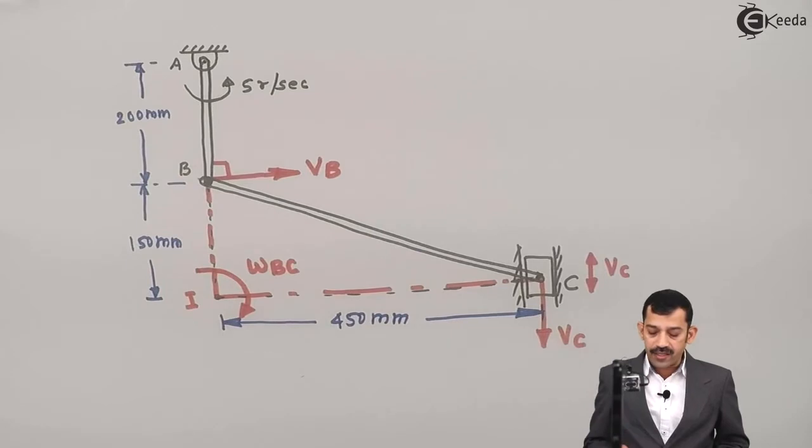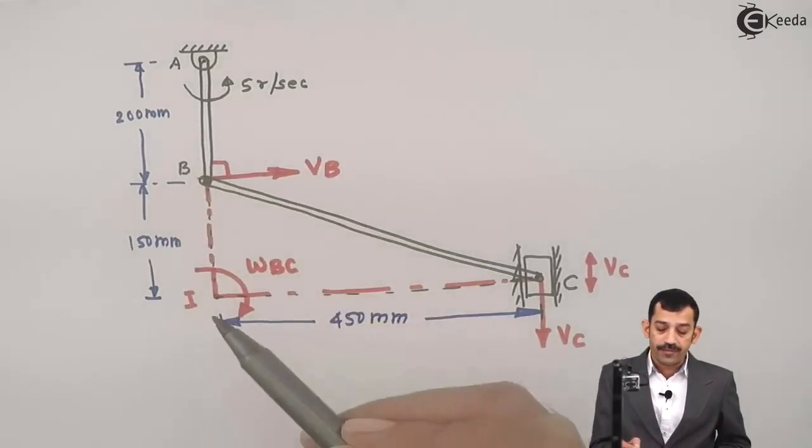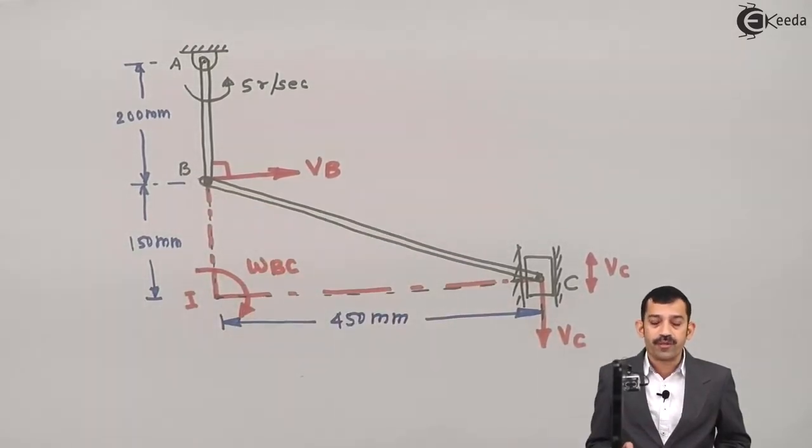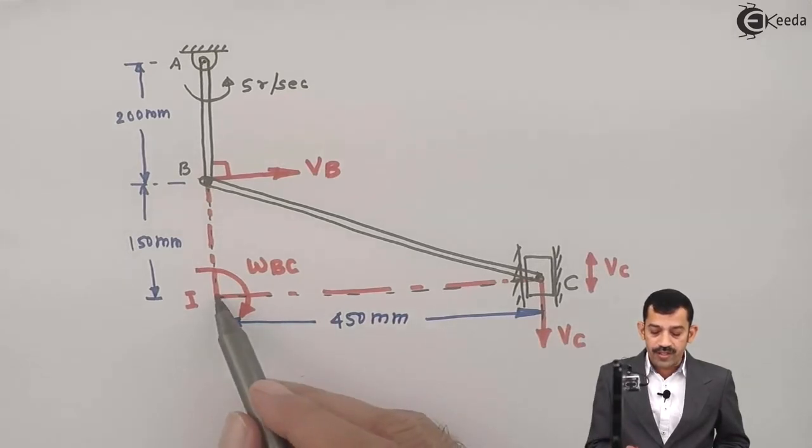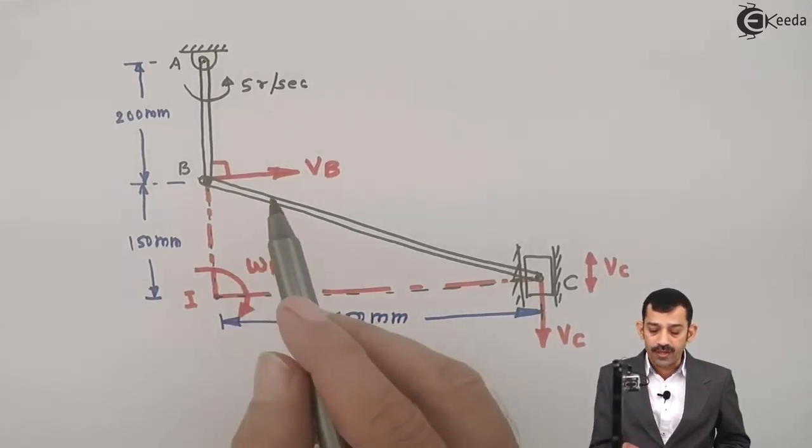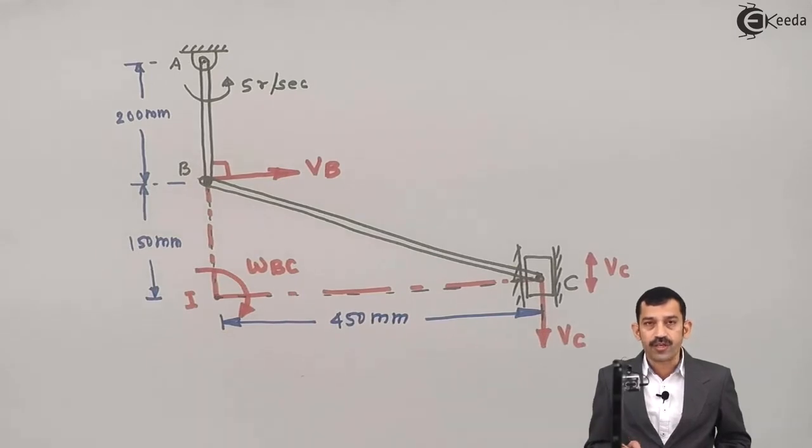As IB and IC are directly known in this problem, we will directly find the linear velocity as well as angular velocities of the bars. First, for bar AB, linear velocity of point B is equal to radius of rotation into omega. Radius of rotation is AB, therefore VB equals AB into omega. We will find VB. Then for BC, the center of rotation is I, therefore VB is written as IB into omega BC.